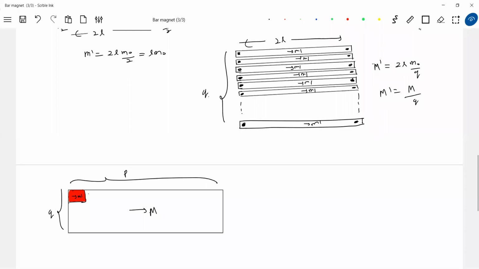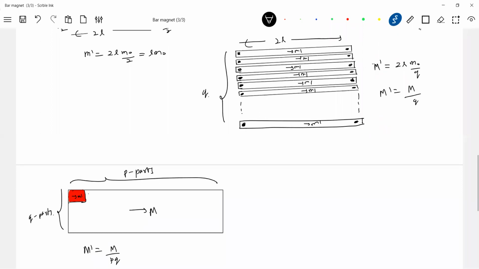So what can M dash be? Shall we put M dash equal to M by PQ?